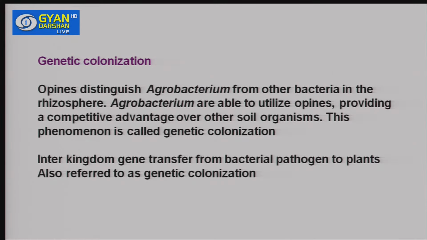And number two, this inter-kingdom gene transfer. That is why it is inter-kingdom, because from bacteria, the gene or the vector is being transferred into another system, which is a plant system. This is a beauty, that from a bacteria you are transferring something to a plant. Normally in the conjugation process, we have seen transfer from a bacteria to another bacteria.